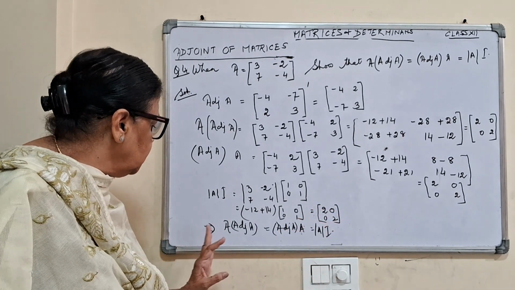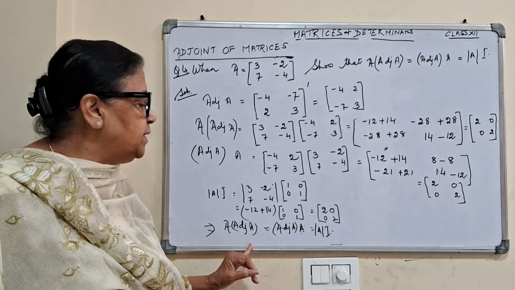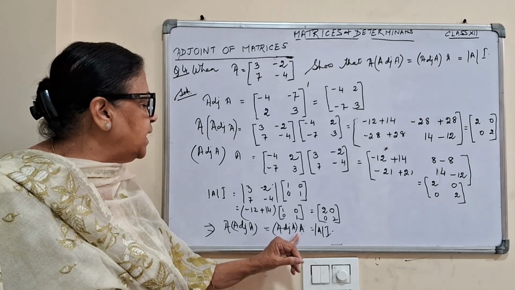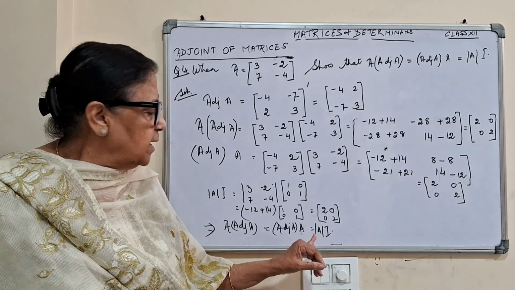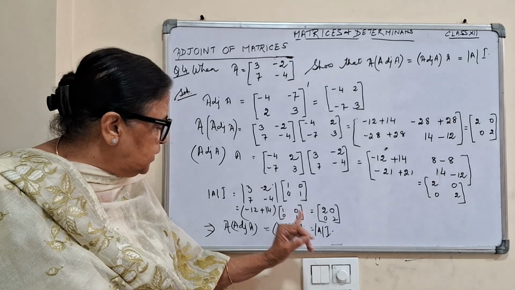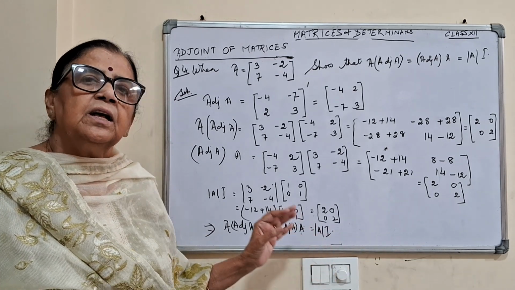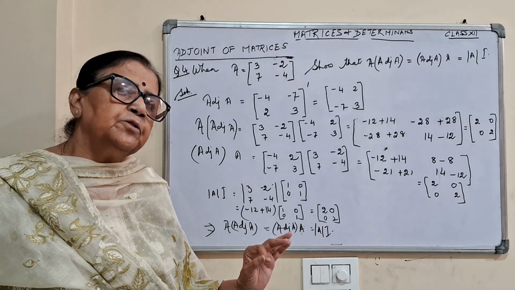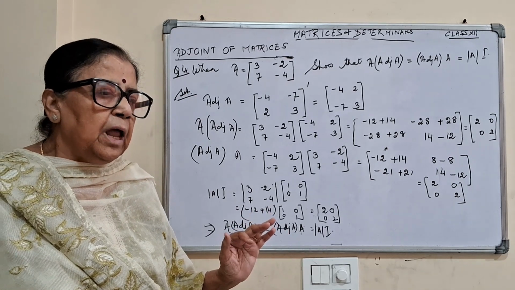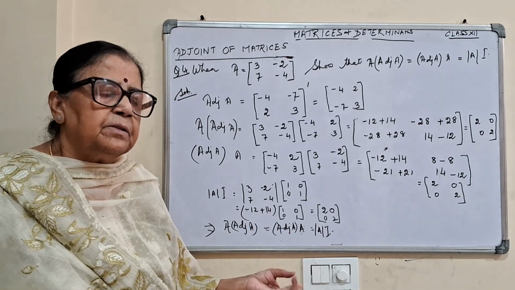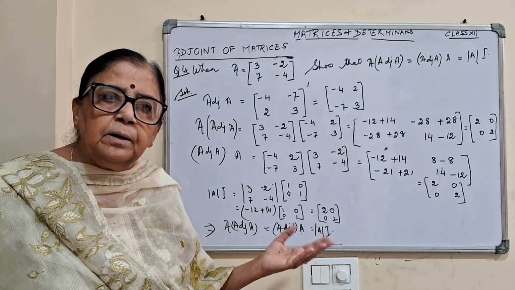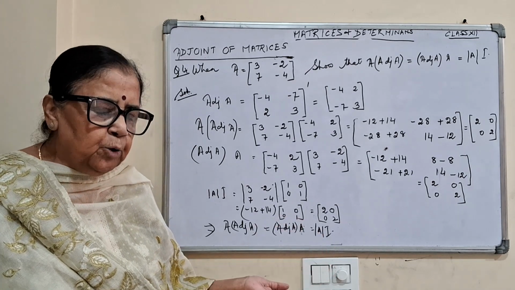So we have shown that A into adjoint A is equal to adjoint A into A is equal to determinant A into I. The result is always true. Now next, we can do this with a bigger number, but you try that.